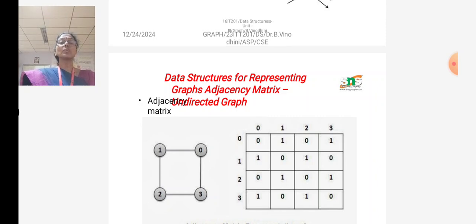The adjacent of 2 is 1 and 3, so mark 1 for those, and the remaining is 0. Next is 3. The adjacent of 3 is 2, 1, 0, so mark 1 for nodes 2, 1, 0 in the fourth row. So this is the adjacency matrix for the undirected graph.